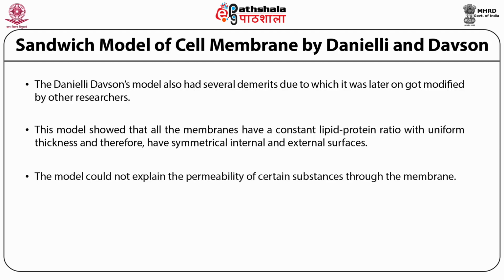The model could not explain the permeability of certain substances through the membrane. Unfortunately, this very sober view is nowadays not in the focus of much of the biochemical membrane research, due to the emphasis on localized function of ion and solute-specific transport channel proteins.